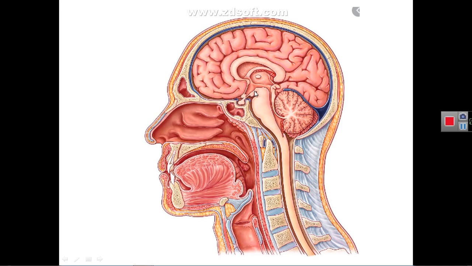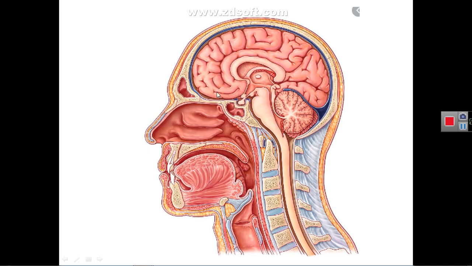Of course, the temporal lobe will lie in the middle cranial fossa, while the occipital lobe will lie above the cerebellum, and both the occipital lobe and cerebellum are separated by this fissure, which is called the transverse cerebral fissure, and the cerebellum and the occipital lobe lie in the posterior cranial fossa.